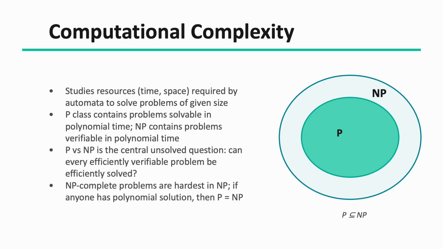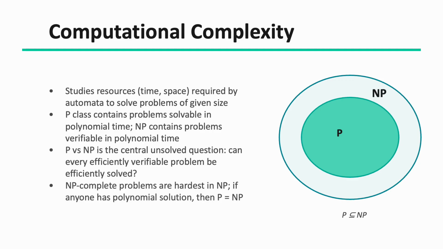Computational complexity in standard classical computing studies the resources, time and space, required by automata to solve problems of a given size. P is a class that contains problems solvable in polynomial time. NP contains problems verifiable in polynomial time.